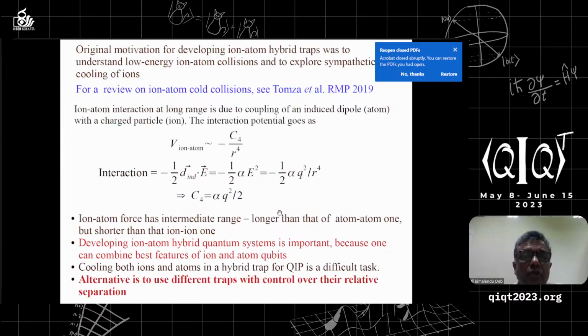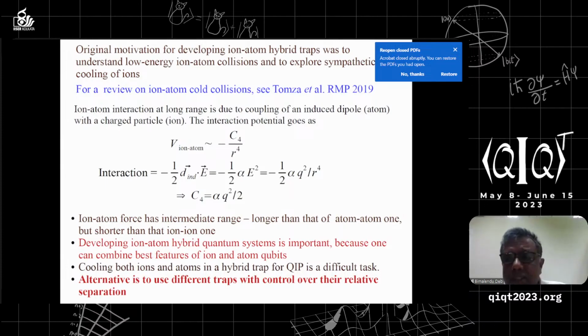The original motivation for developing ion-atom hybrid traps was to understand low energy ion-atom collisions and to explore sympathetic cooling. Many experimentalists have worked extensively over the last two decades.